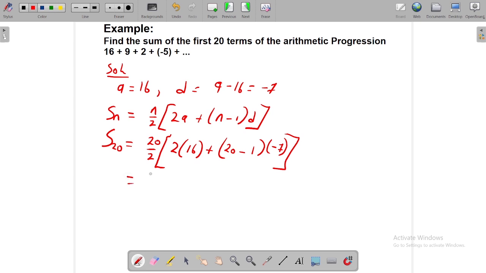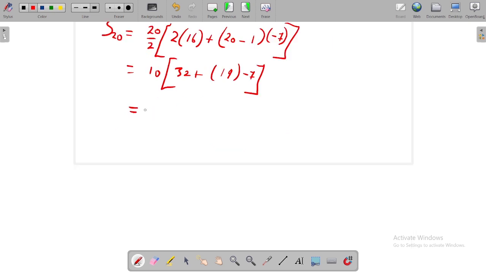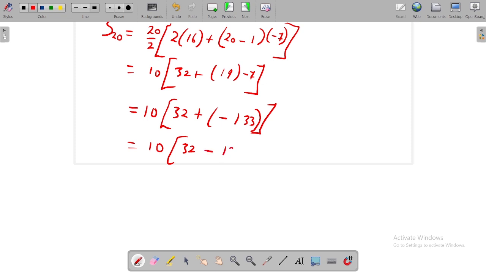Now solve. This is obviously 10 because 20 divided by 2 is 10. This time this is giving us 32, plus we all know this will give us 19 multiplied by minus 7, curly bracket. This becomes equal to 10, curly bracket open, 32 comes, plus this will give us minus 133, curly bracket closes. Now 32 plus, times minus becomes minus 133.